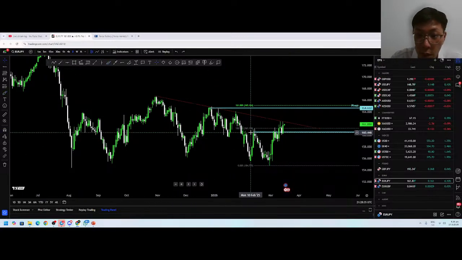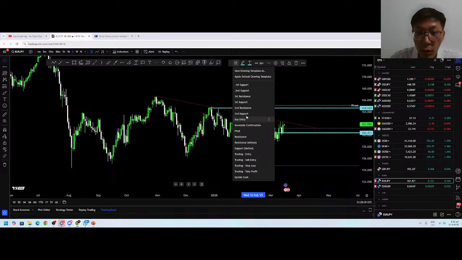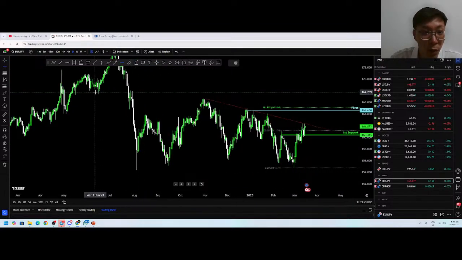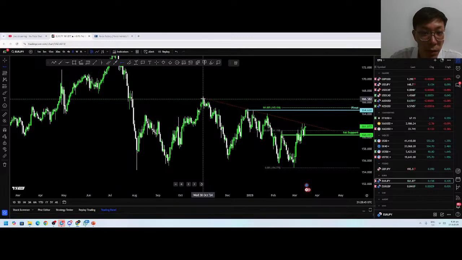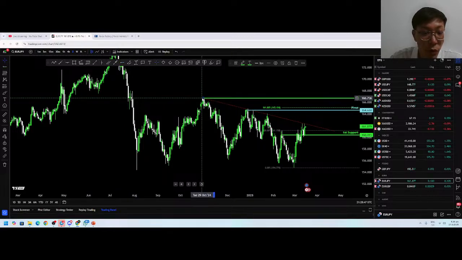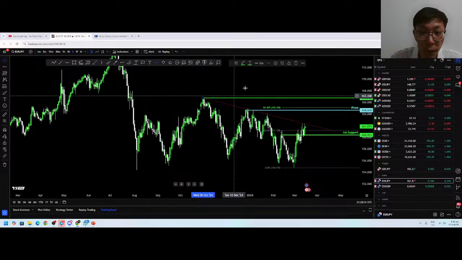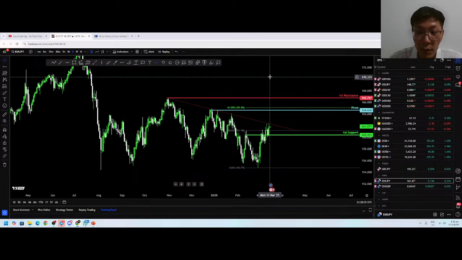We can just keep this level. As for our resistance level, let's zoom out a little bit. I think we can use the next swing high as our resistance level.